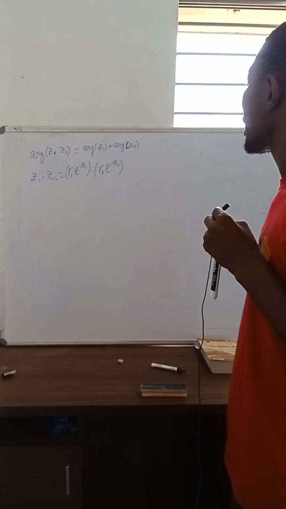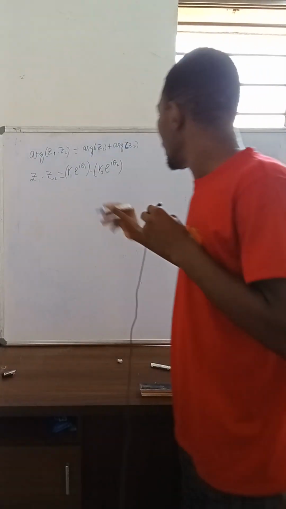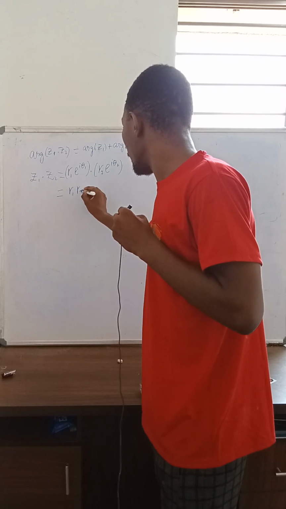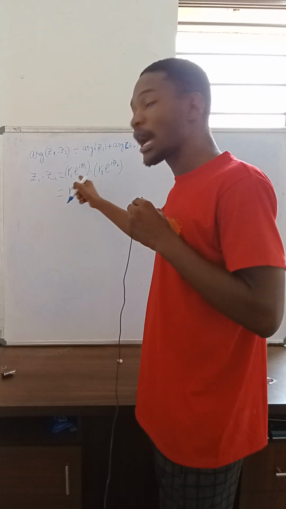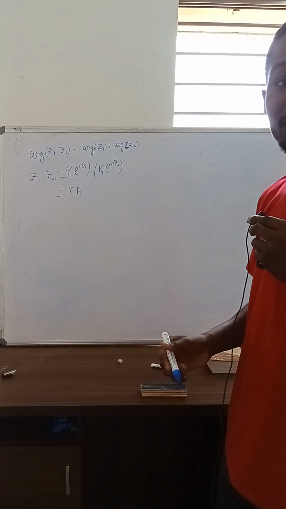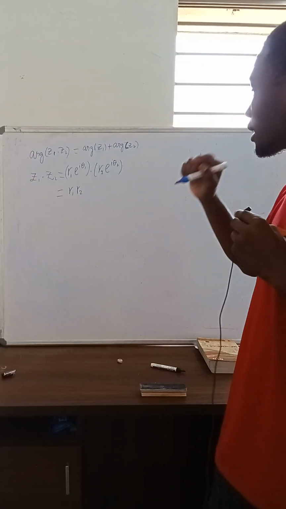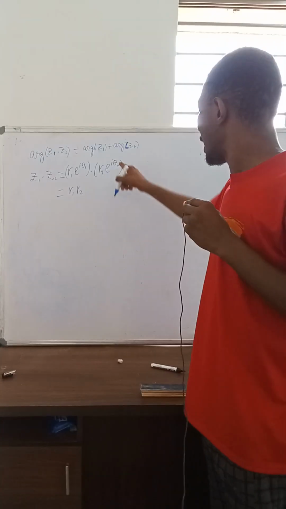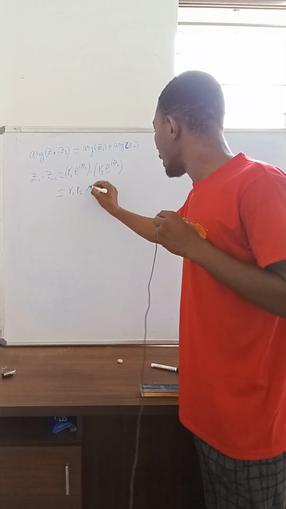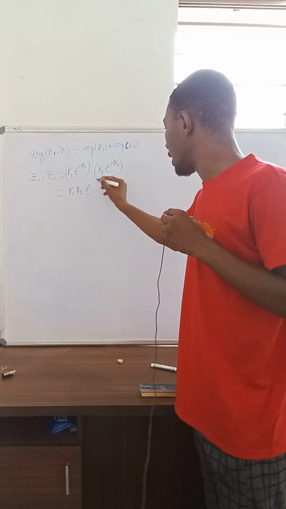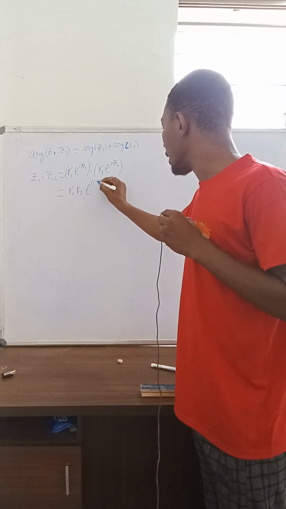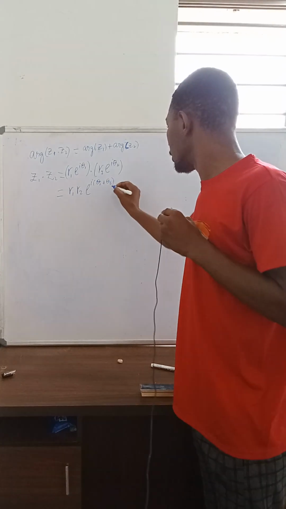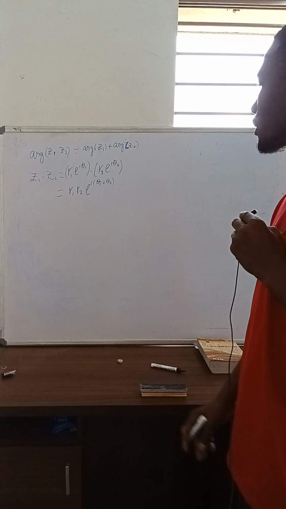Now, if we have this, what does it mean? It means you are going to have r1 times r2. Then these are powers with the same base, so I can just keep the base and sum the exponents. It will be i times theta 1 plus theta 2. Is that okay?